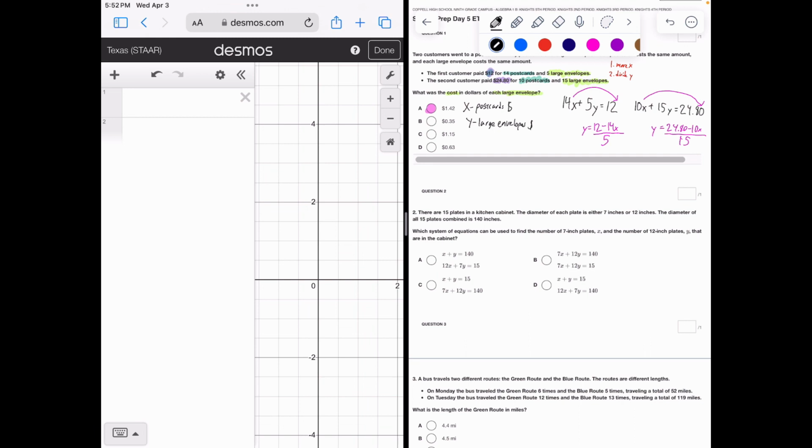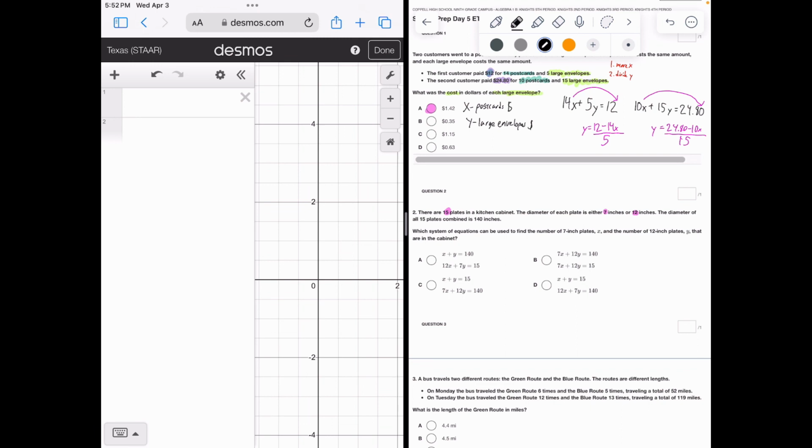We know there are 15 plates in the kitchen cabinet. The diameter of each plate is either 7 inches or 12 inches. So we have two types of plates, 7-inch plates and 12-inch plates.